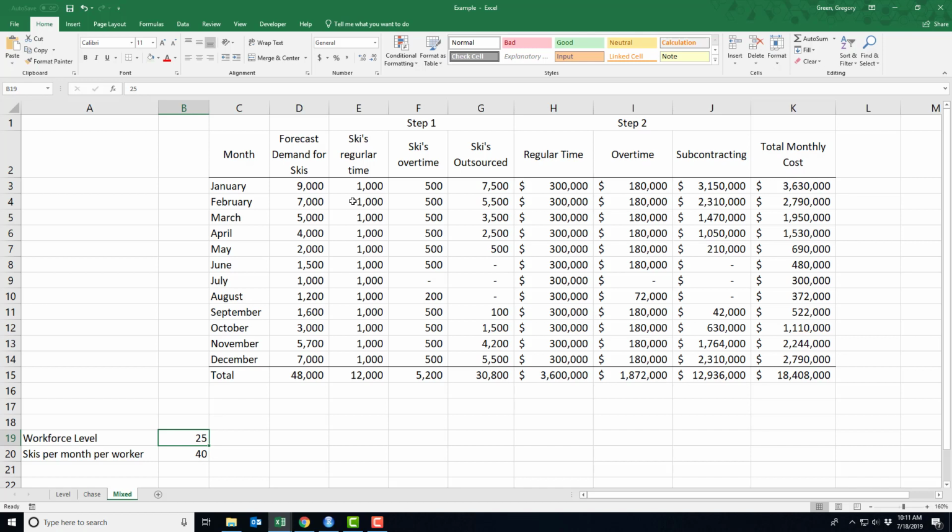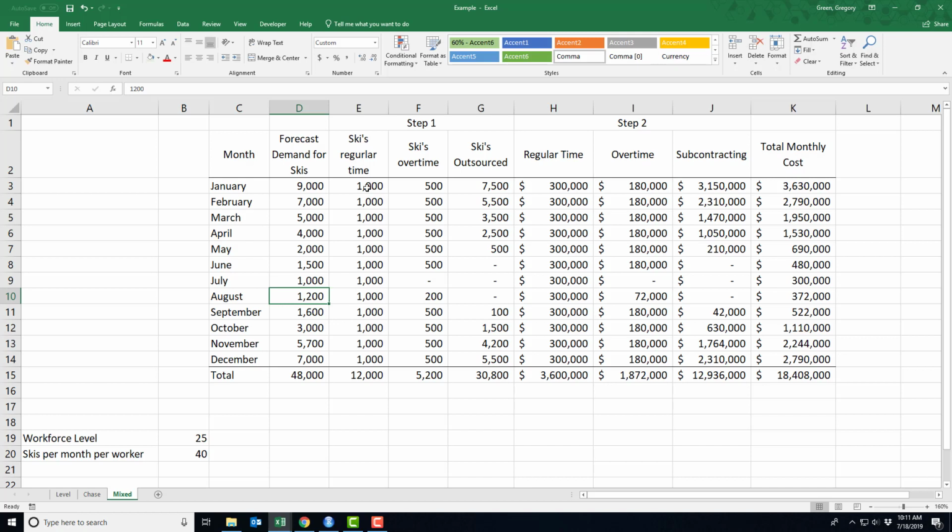So as a consequence, the most skis that they could produce in any given month is 1,000, that's 40 times 25. Now I don't know if this is just a happy coincidence or something else, but we've got labor that can meet this minimum level of 1,000.